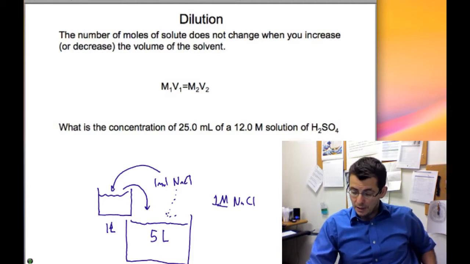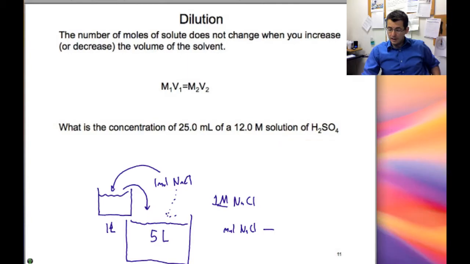Now, we can take the number of moles of NaCl present and redissolve it in our liters of solution, just like we would always do, to get our new concentration.